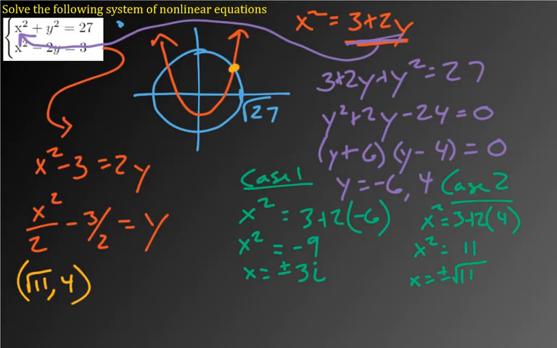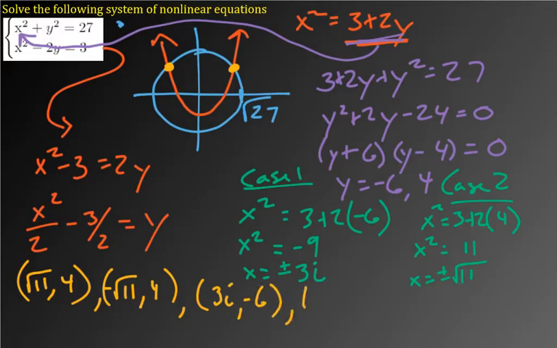And then we have negative square root of 11 comma 4, that one is right there. And then there are other intersection points we don't see, 3i comma negative 6, and then negative 3i comma negative 6.